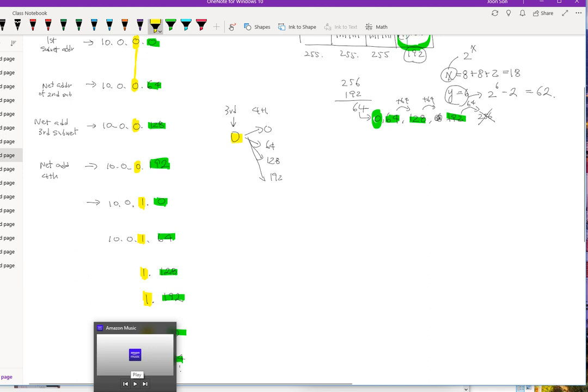So this is yellow, and the fourth octet is green, right? And then the next one is 1, but this repeats: 0, 64, 128, and 192. And then we have a 2. We have 0, 64, 128, and 192.